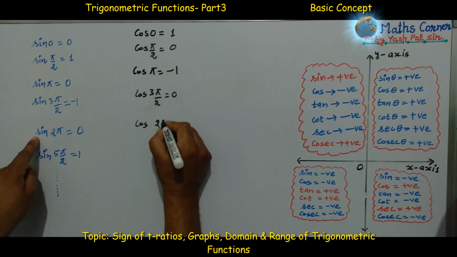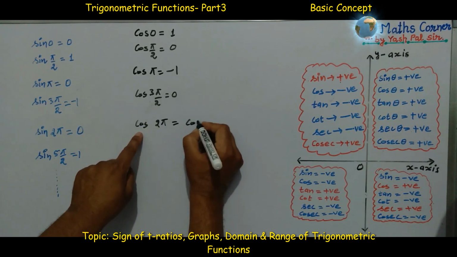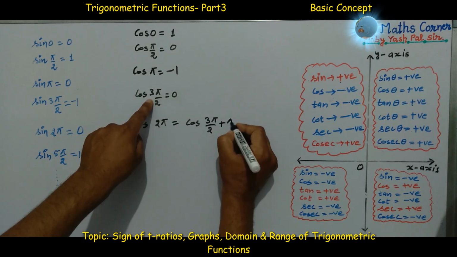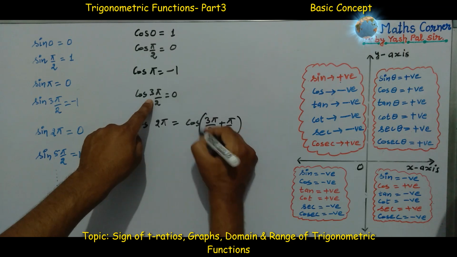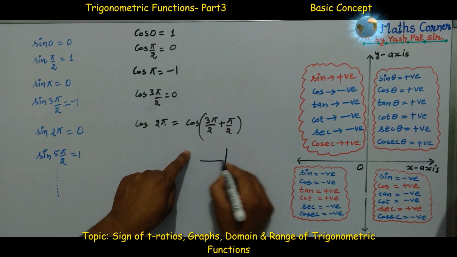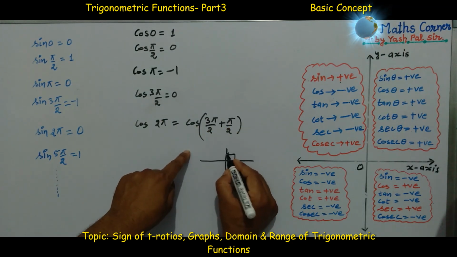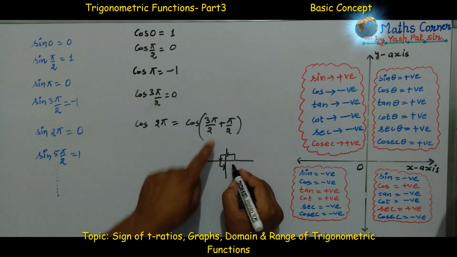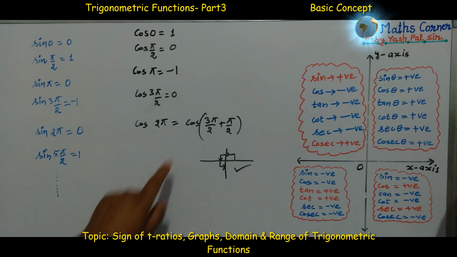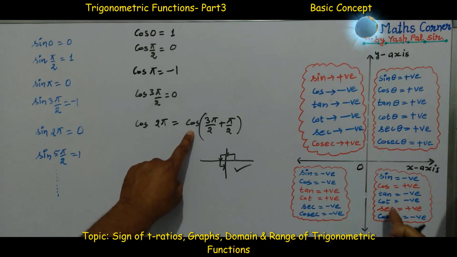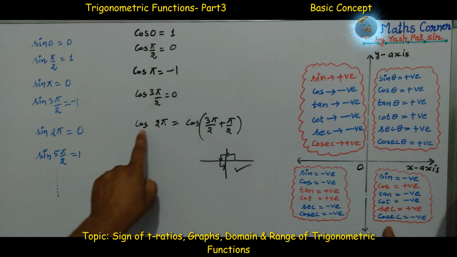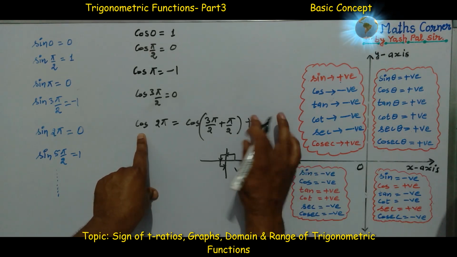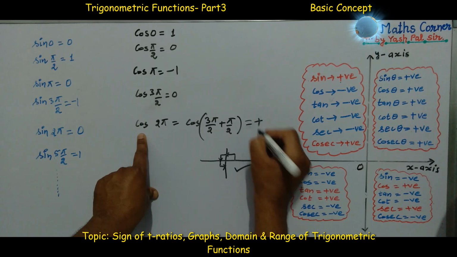Next, what is cos 2 pi? Cos 2 pi means cos of 3 pi by 2 plus pi by 2. 3 pi by 2 means first pi by 2, second pi by 2, third pi by 2, plus something means the fourth quadrant. In the fourth quadrant, cos is positive, so we write a plus sign.